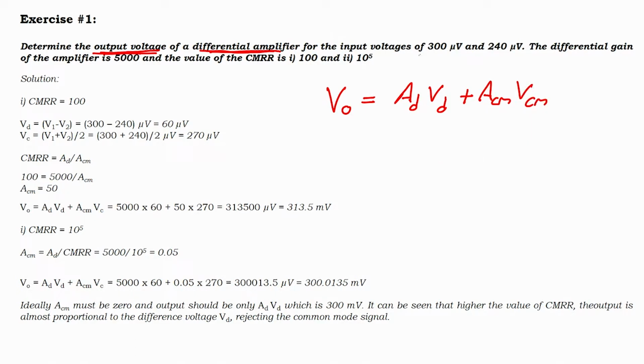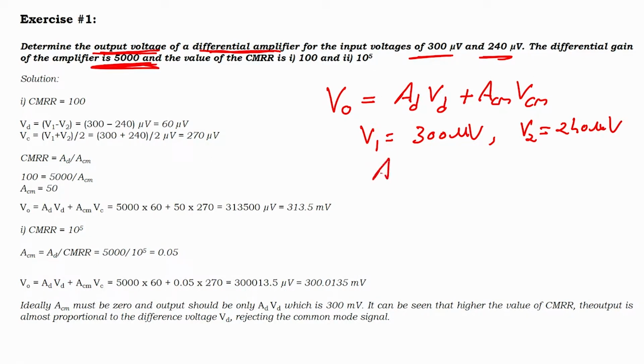Now, we are given input voltage 1 and input voltage 2. So, we are given V1 300 microvolts, and V2 240 microvolts. The differential gain of the amplifier is 5000, so AD is given as 5000. And now the value of CMRR.